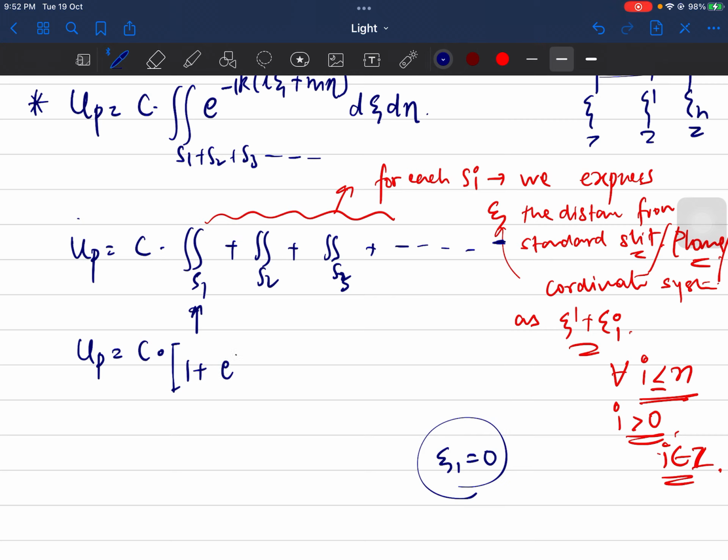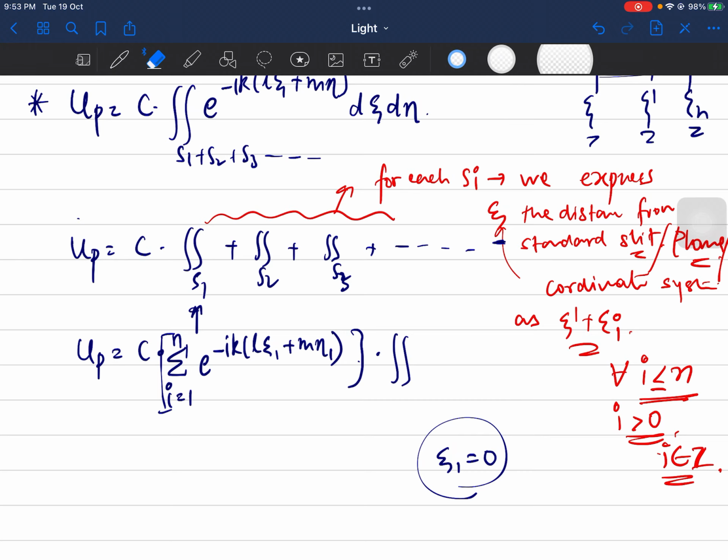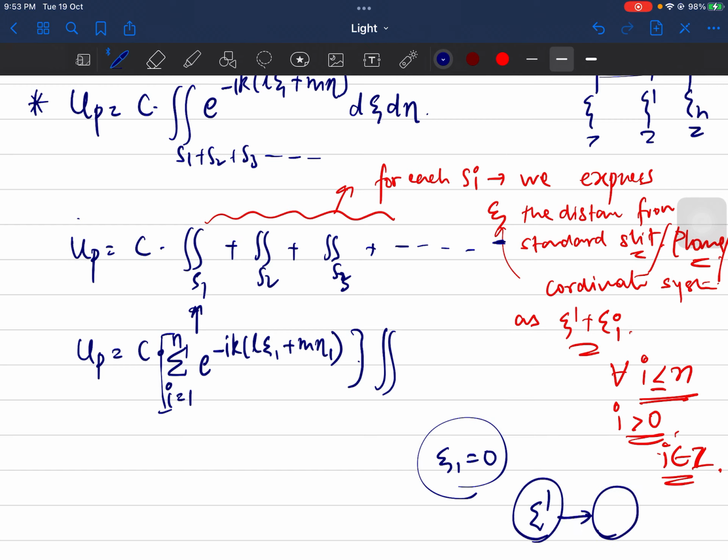We get this form, 1 plus e power minus ik l n, summation e power minus ik l xi plus m eta 1, times the integral over, if they are equal apertures, so xi prime is specific to their slits, so identical limits, if they are identical slits.